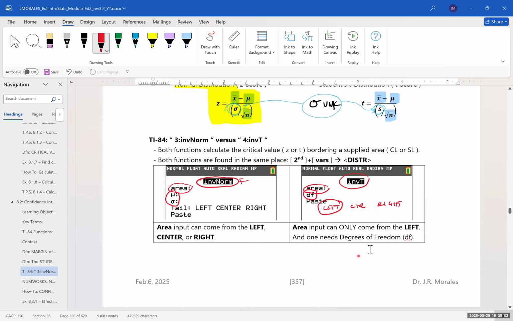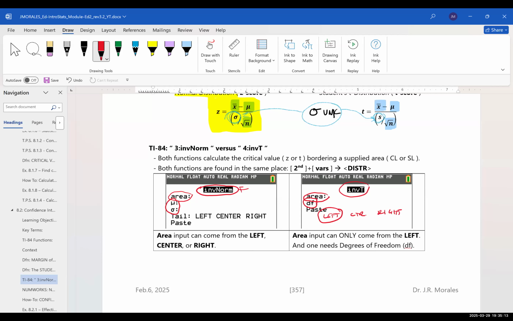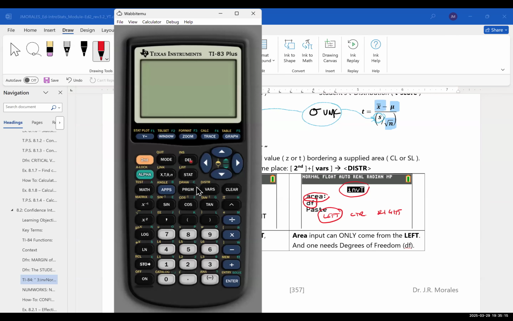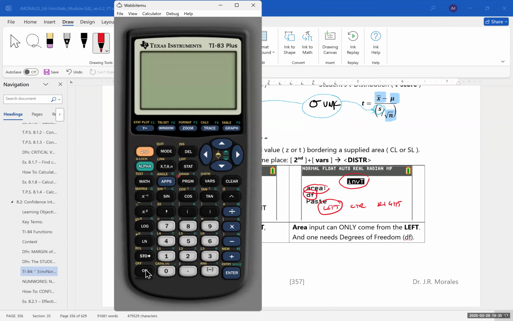So the one thing I might add is, if I've had the opportunity to install my programs in there, if we look at my programs, I added an inverse t function.